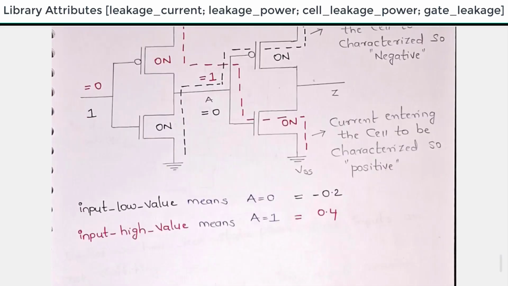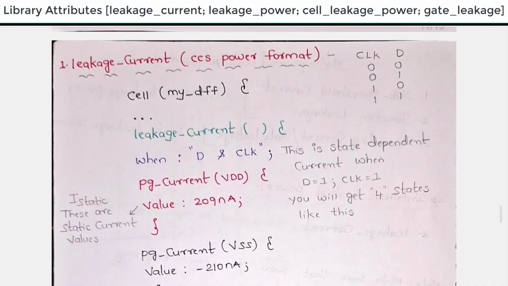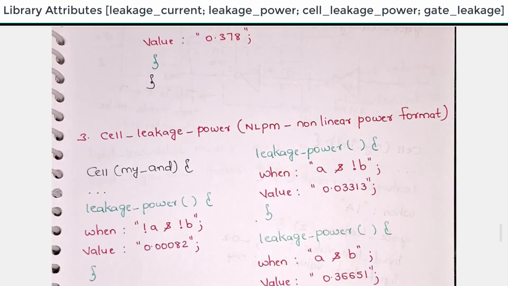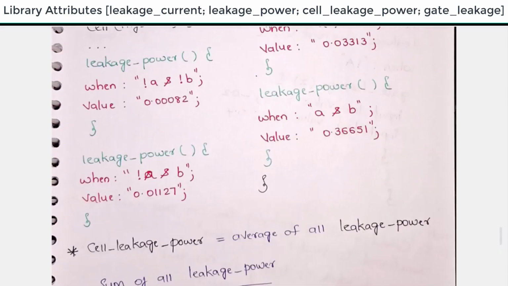So this is all about power characterization, and we have seen only static power. In that we have seen what is subthreshold leakage current, junction leakage and tunneling, and we have seen different attributes like leakage current, leakage power, cell leakage power and gate leakage power. So remember these things.